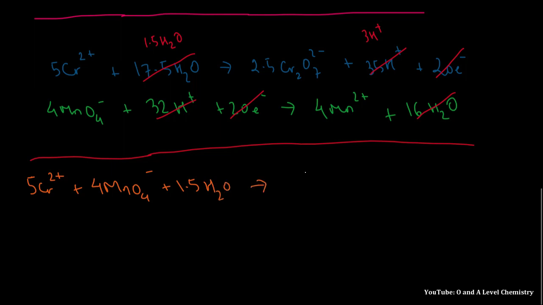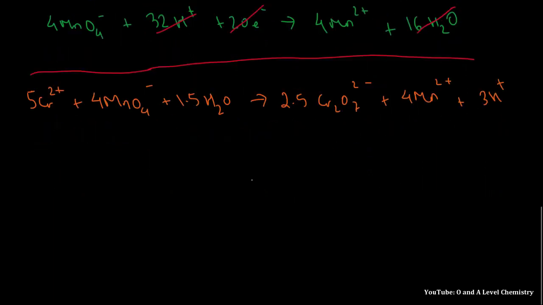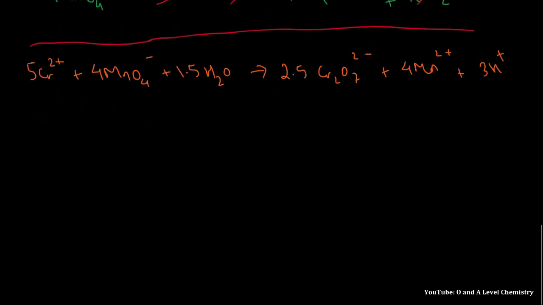That's going to react to produce 2.5 dichromate, 4 Mn2+, and 3 H+. So yeah, I didn't miss anything. Okay, nice. So this is the overall equation. Now the crucial bit here is to realize that 5 moles of Cr2+ react with 4 moles of MnO4-. So that is the mole ratio, right? That's what we need.